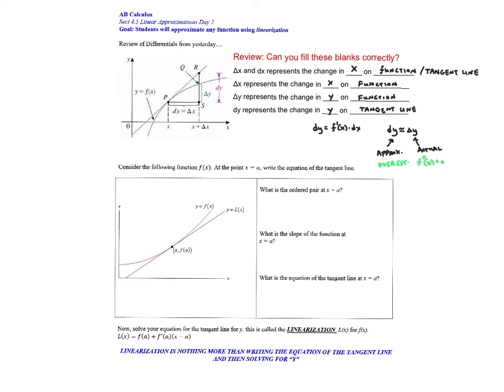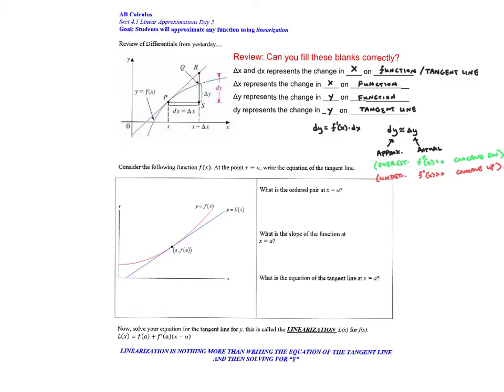So if the function is concave down at our x value, then our approximation is an overestimate. Likewise, the other way around, if our function is concave up, so f double prime at our x value is greater than 0, then it's an underestimate. We'll see an example of that in a little bit.